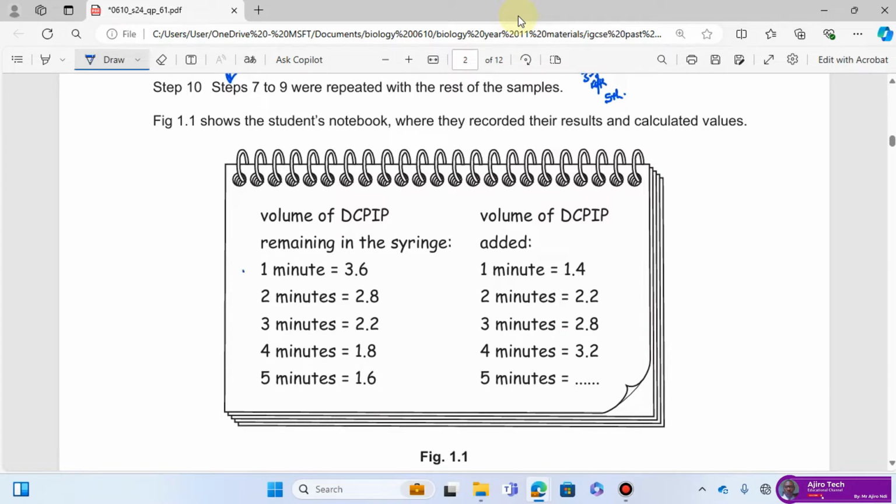So in the first minute, the 1 cm cube sample taken, the volume of DCPIP remaining in the syringe was 3.6, meaning that they used 1.4 cm cube of DCPIP in the first minute. In the 2nd minute, they used 2.2, 3rd minute, 4th minute. For the 5th minute, of course, we have to find this out.